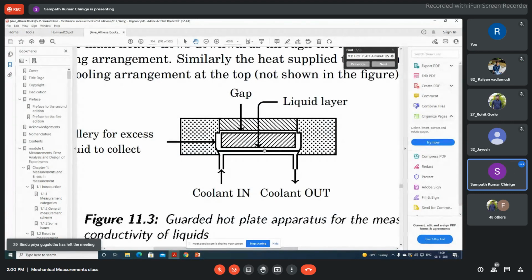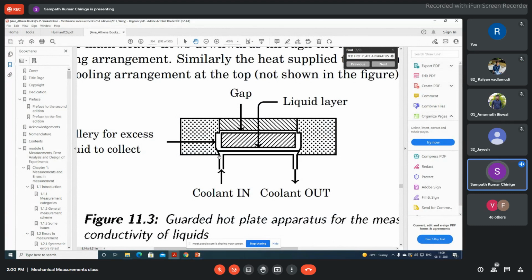The surface on this side is kept at a very high temperature, and to keep the other side from getting heated, we are keeping another heater plate over here. On the other sides, we are keeping insulation, and we wait for a particular period of time to make sure that we can measure the thermal conductivity of the liquid. So this is one way of looking at this.